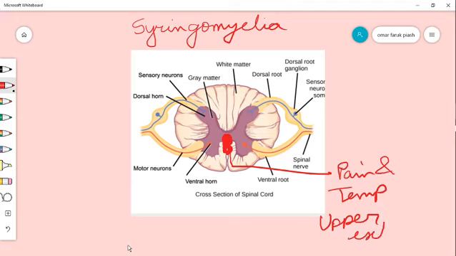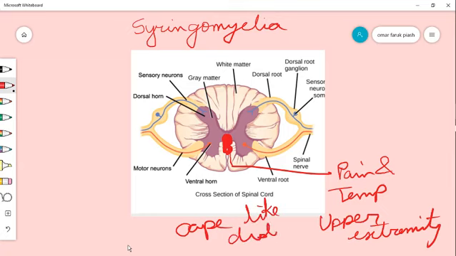This is cape-like distribution. It is seen in Chiari 1 malformation.